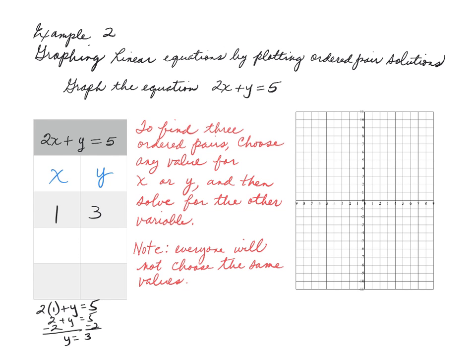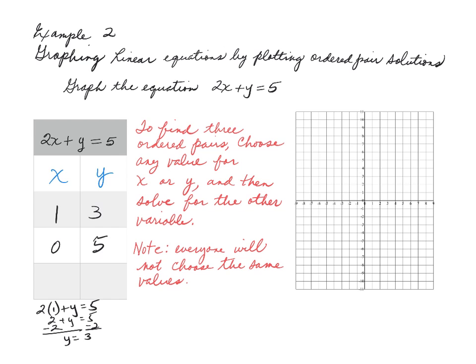So 1 comma 3. Then let's see if x is 0. If x is 0, then what is y? If x is 0, then the 2x term goes away, because this is 0. So if x is 0, y is what? y is 5.